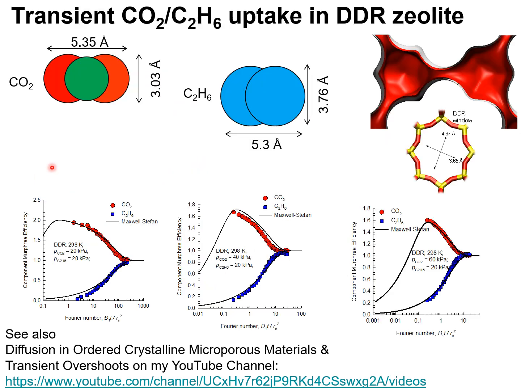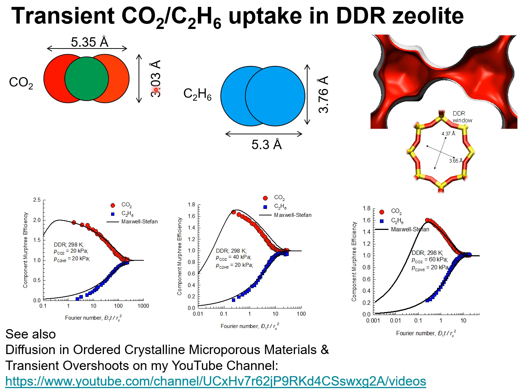We move on to transient uptake of mixtures of carbon dioxide and ethane in DDR zeolite. DDR zeolite consists of cages that are separated from adjacent cages by windows that have an aperture of 3.7 angstrom in this direction and 4.4 angstrom in this direction.